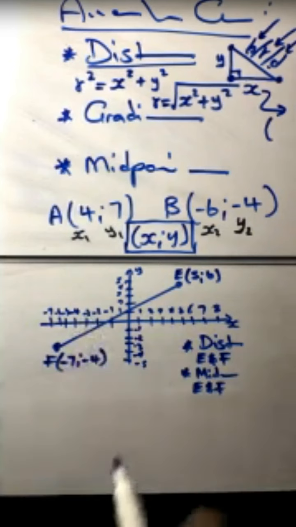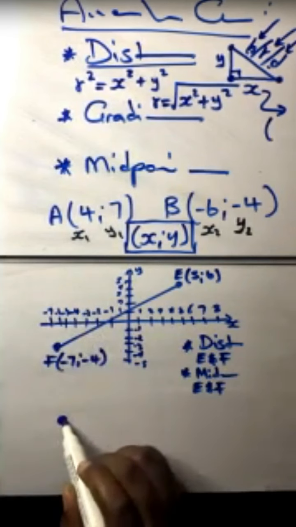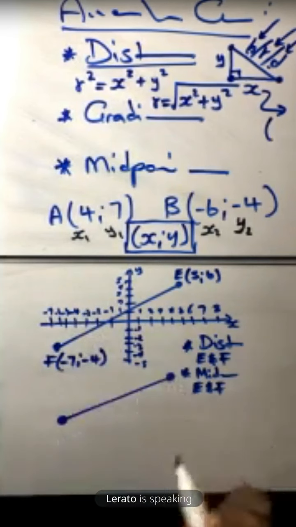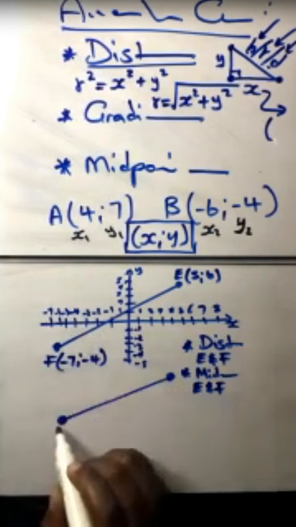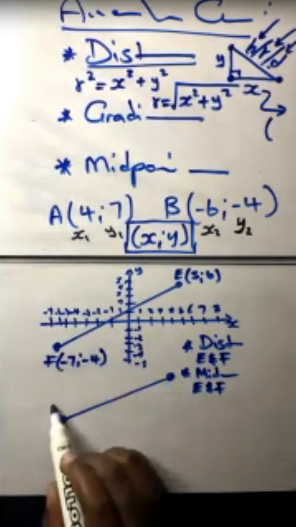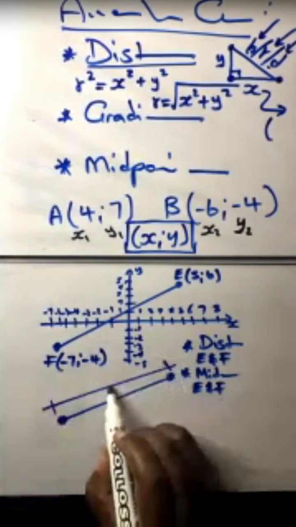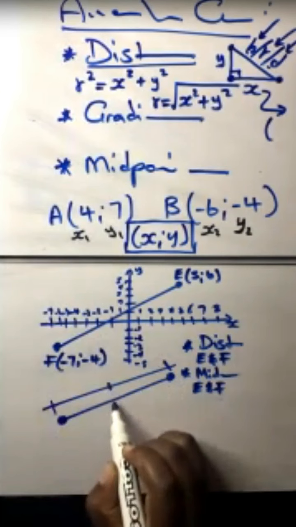Okay, so I'm going to explain this one. Remember, guys, when you've got a line like that, a midpoint is a point between these 2 points. Even if you take a ruler and measure that, a point in between is the midpoint.